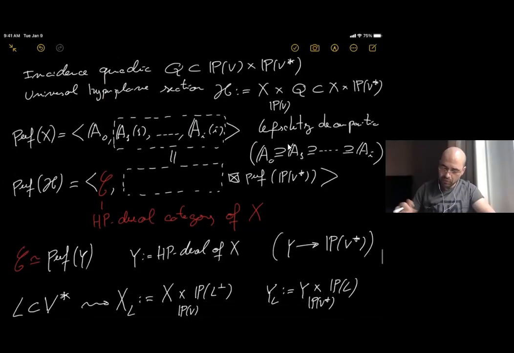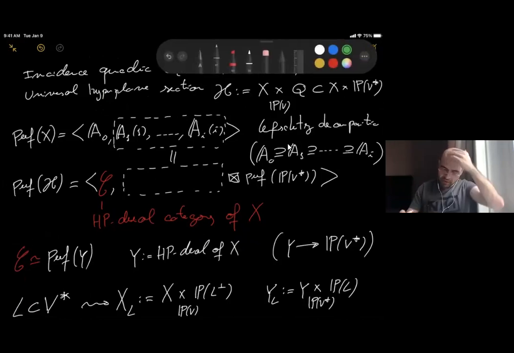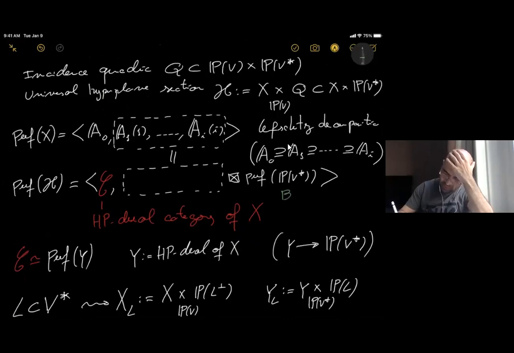The baby example is this thing of Beilinson: if you take P^n and you take the perfect complexes on P^n, then you would get O, O(1), O(2), until O(n-1).